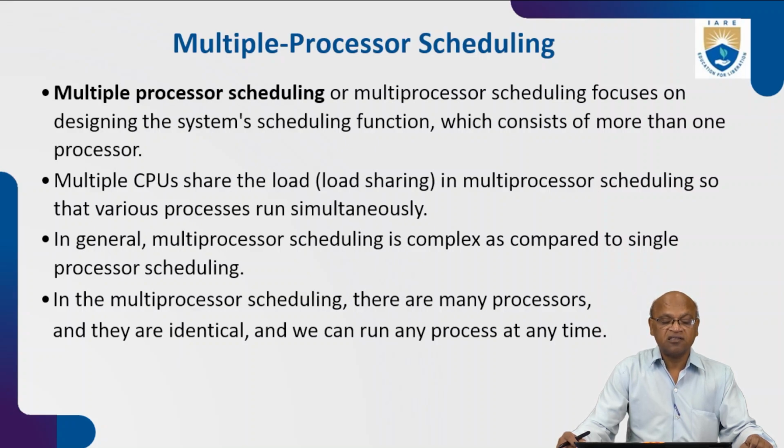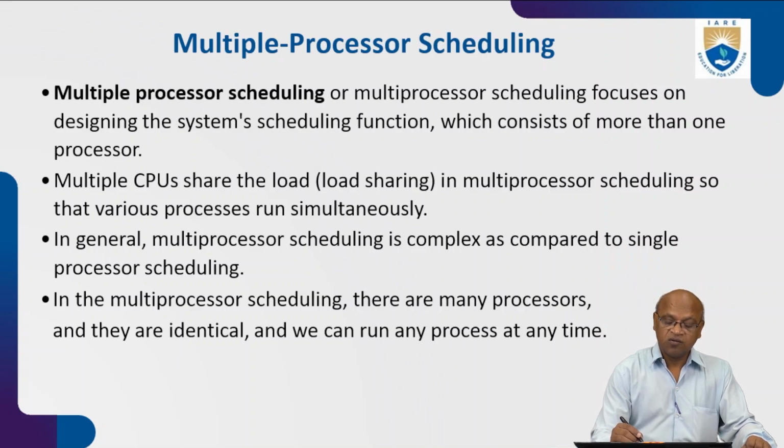Multiprocessor scheduling focuses on designing the scheduling function for a system which consists of more than one processor. The multiple CPUs share the load in multiprocessor scheduling, so the various processors run simultaneously. In general, multiprocessor scheduling is more complex compared to single processor scheduling. In multiprocessor scheduling, there are many processors that are identical, and we can run any process at any time.